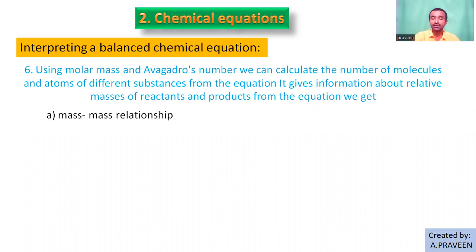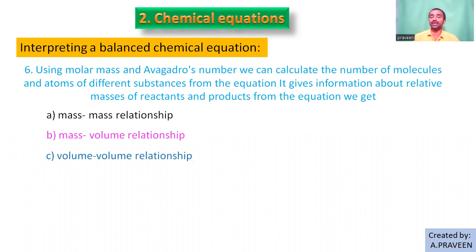The relation between mass and mass, between mass and volume, between volume and volume, and between mass, volume, and the number of molecules. These are the relations you are able to give. So this is the information we are able to read from the equation.